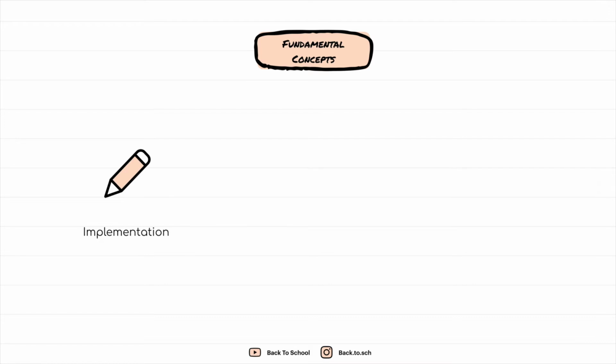Meaning to say that you are usually taught how to use a particular mathematical technique and the steps to take when you encounter a particular question or questions from a chapter. Rarely, as a student, are you taught the fundamental concept of why certain techniques or steps are being used.